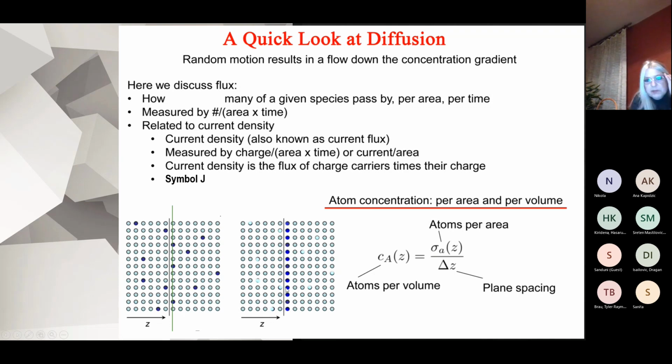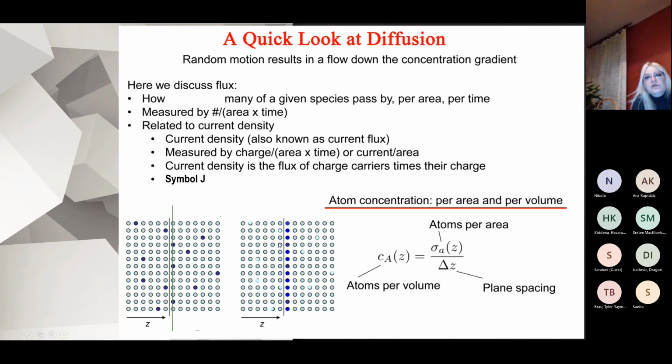Now to explain what the flux is, if we look at some crystal lattice or some matter, and say that here we have some imaginary plane, and we have the dark species, or the atoms, completely next to this imaginary plane.